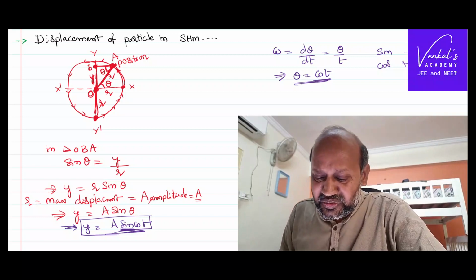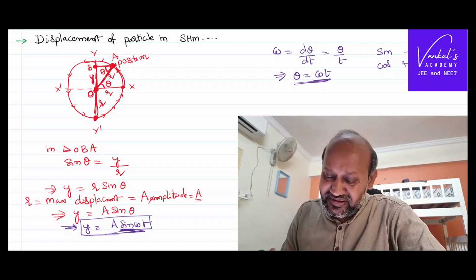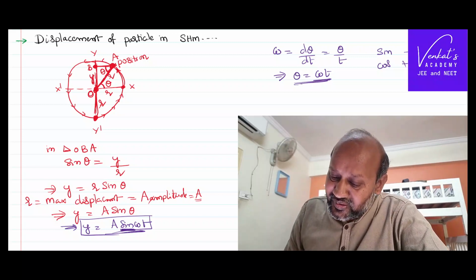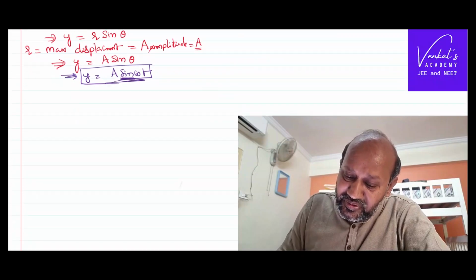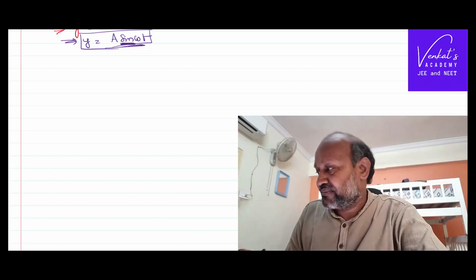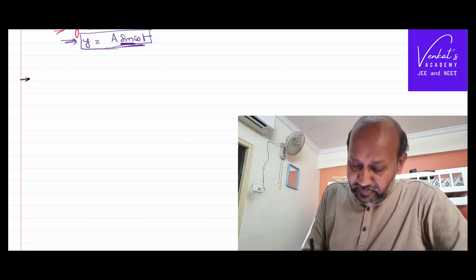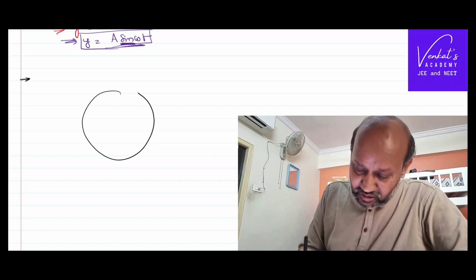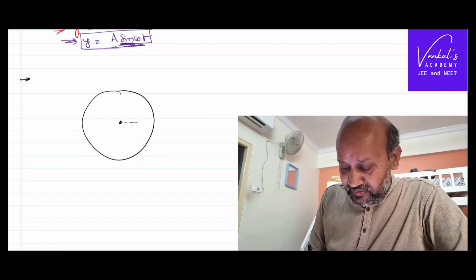And I want you to be a little careful in saying this because sometimes I can draw a vertical projection onto the x-axis also. I need not draw the vertical projection always onto the y-axis. Here I want to tell you what happens if you draw the projection not onto the y-axis but onto the x-axis. So consider a uniform circular motion.